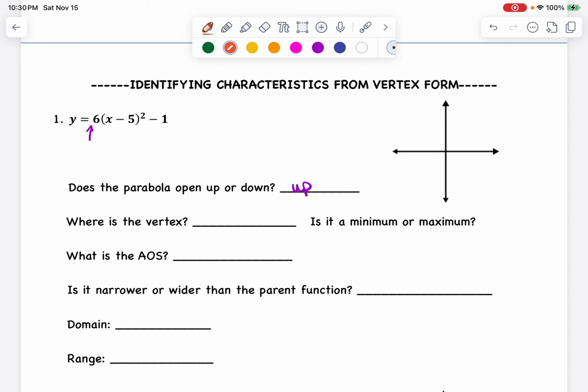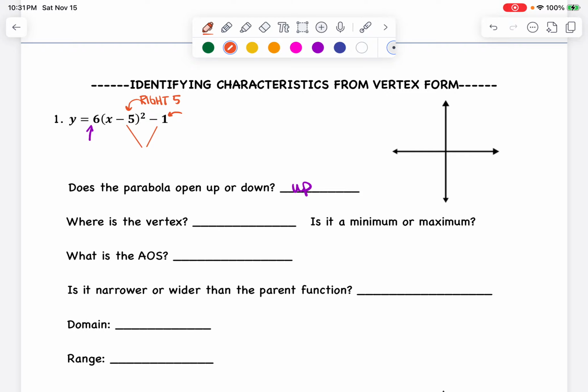All right, where is the vertex? Well, the vertex comes from the HK. So it's the opposite of the number in the parentheses because this tells me that we went right 5. Remember, we learned this last class. When I see a minus 5 in the parentheses, that means I went right 5.